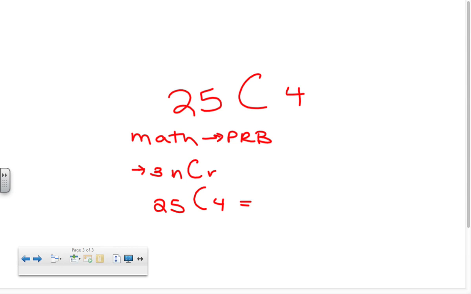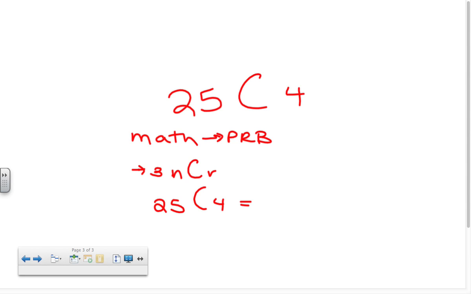And I actually did not calculate it using my calculator, so let me go grab that. So if I were doing my homework right now and I had something that was 25 choose 4, I would type in 25 in my calculator, hit math, scroll over to probability, hit 3, and put in a 4.